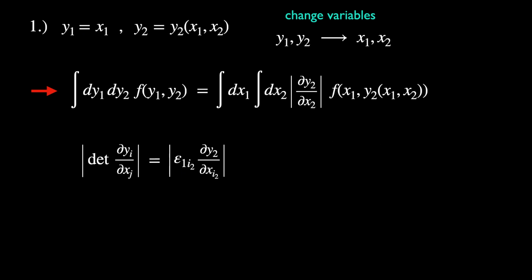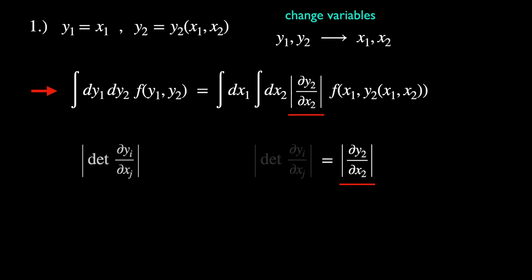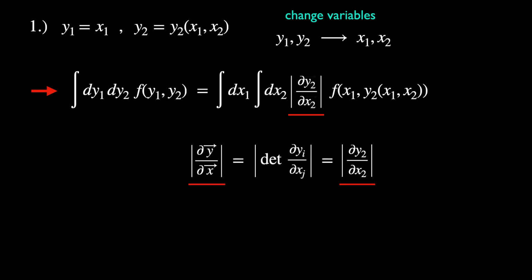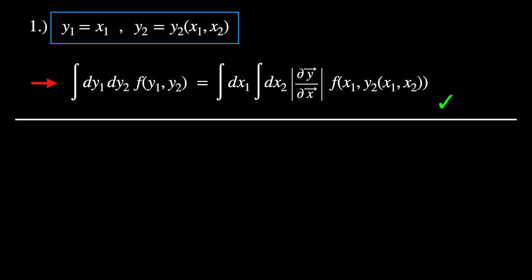Since the epsilon symbol is antisymmetric with respect to its indices, the only possible value of I2, where epsilon is non-zero, is 2. And the epsilon for this case is just 1. Thus we have shown that this derivative is actually equal to the Jacobian of the map above. Therefore, the Jacobian formula for the first special case is proven.